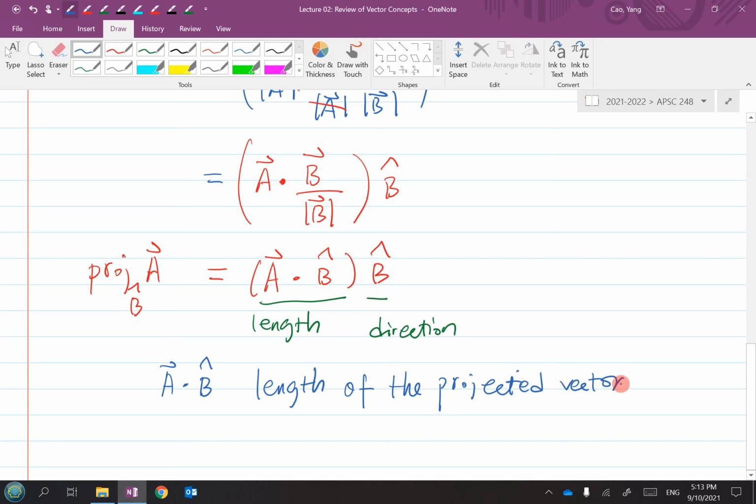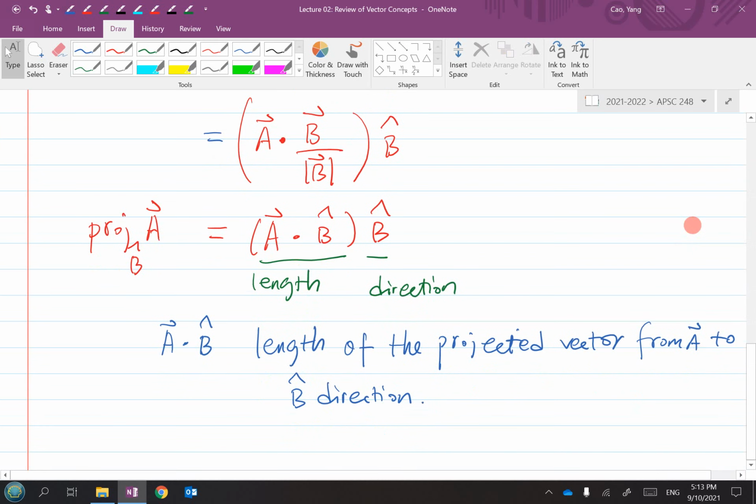The projected vector from A to the B hat direction. So A dot B hat gives you the length of the projected vector from vector A to the direction given by B hat.